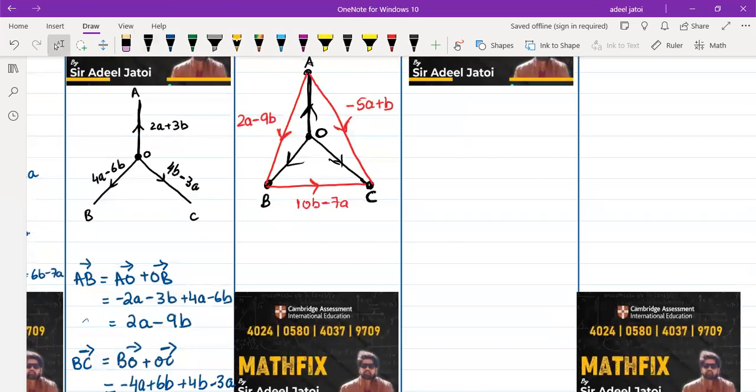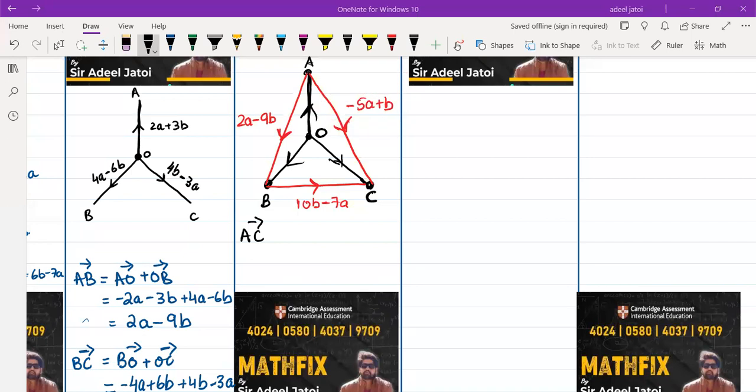If I want to calculate AC directly now, see, I don't have the given magnitude that I actually had in the initial state, that were 2A. But now the answers that I took out from these are 2A minus 9B and 10B minus 7A. To prove this, if I take these magnitudes, I will again end up having the same answer.